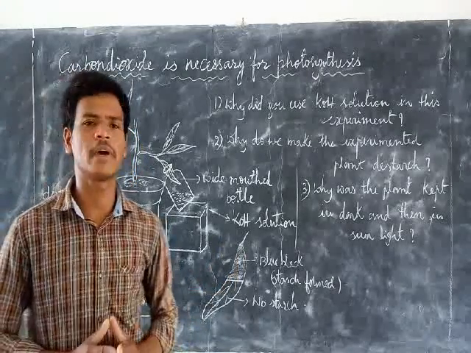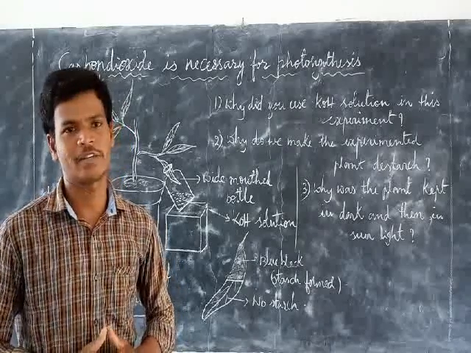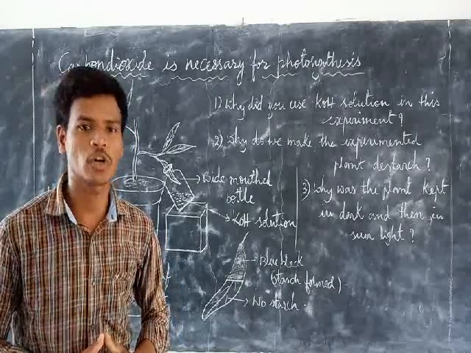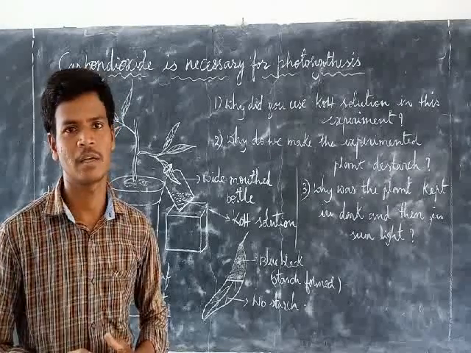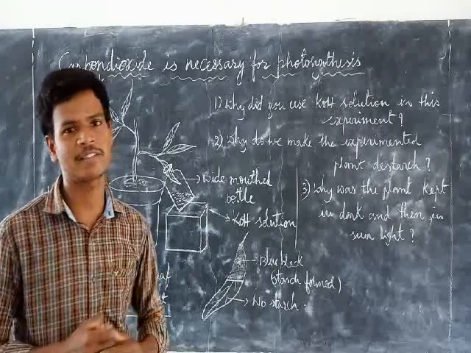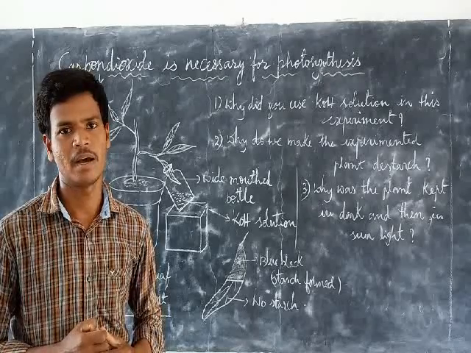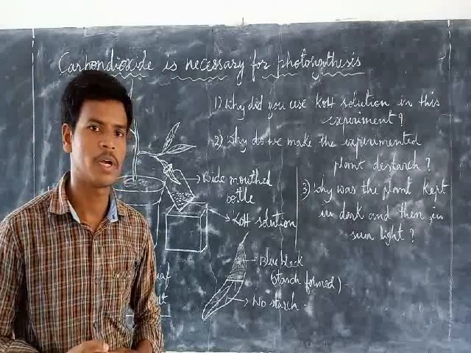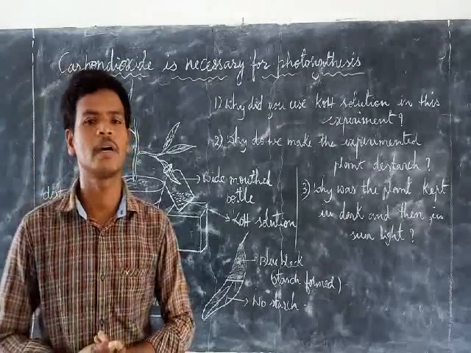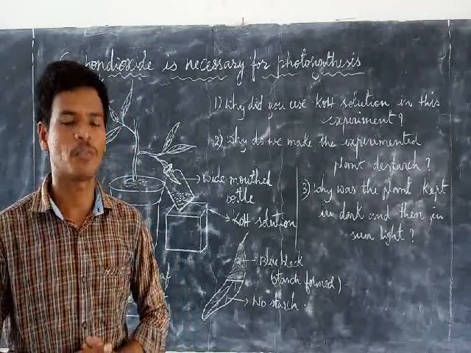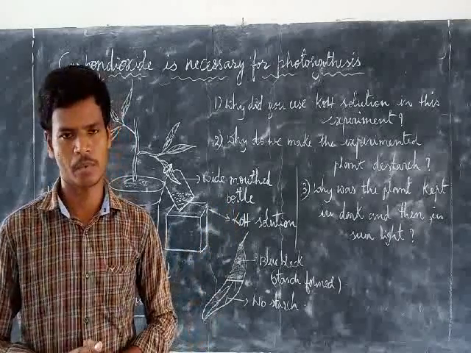If we use a plant directly without destarching, is there any possibility of getting a good result for the identification of carbon dioxide and its role? It is impossible. That's why we have to use a destarched plant for this activity.